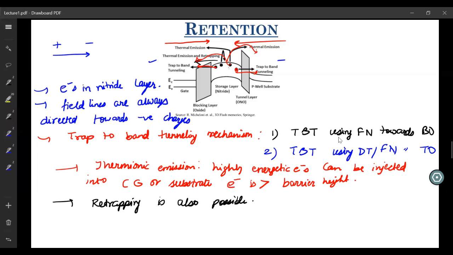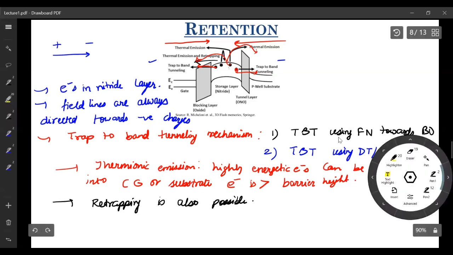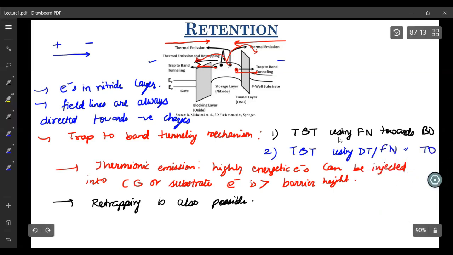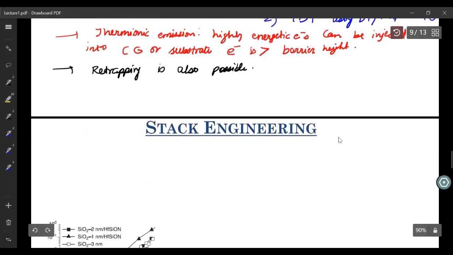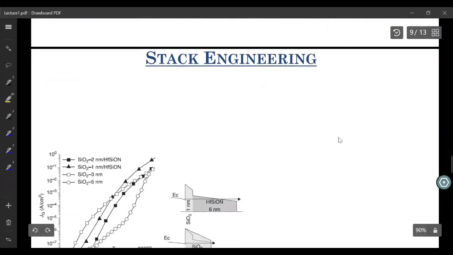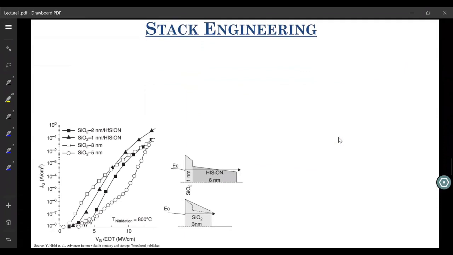So let us browse through them very fast. Let us look at the different engineering of this stack, which helps you to achieve better performance. First of all, let us focus on tunnel oxide engineering.